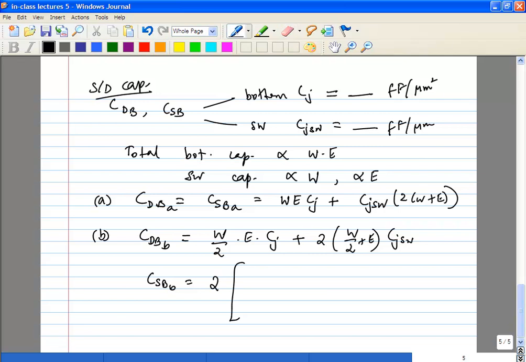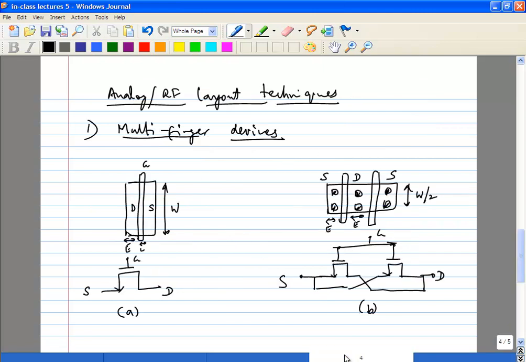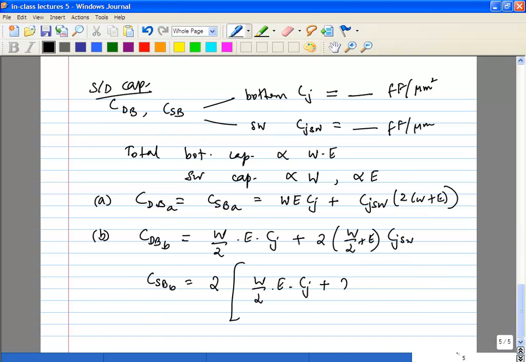So you have 2, each one is W by 2 times E times Cj, that is the junction capacitance, plus what is the sidewall capacitance? For each of these, you have W by 2 plus E times 2, correct? That's the overall perimeter.